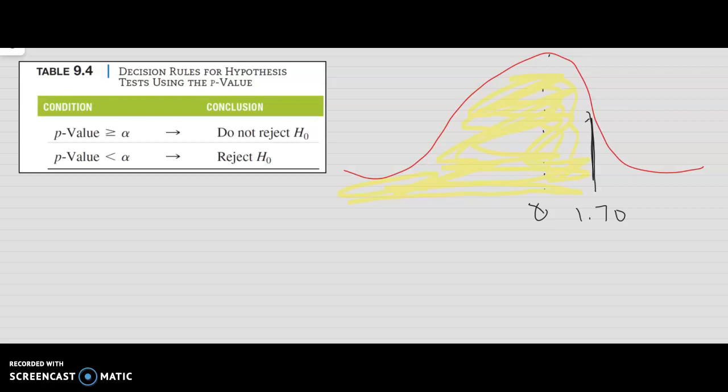Well, the p-value is the probability of it being as extreme as that. So we're looking at this tail over here to the right of 1.70.